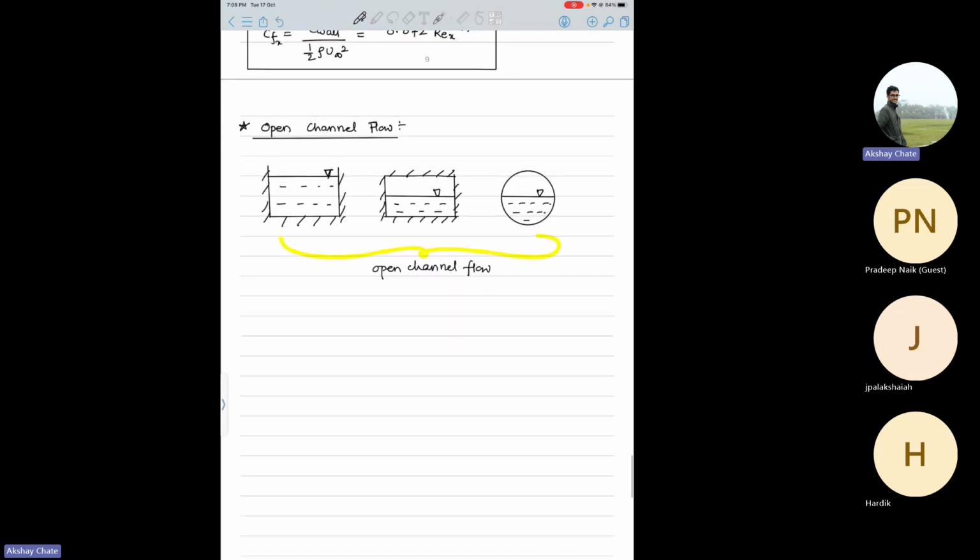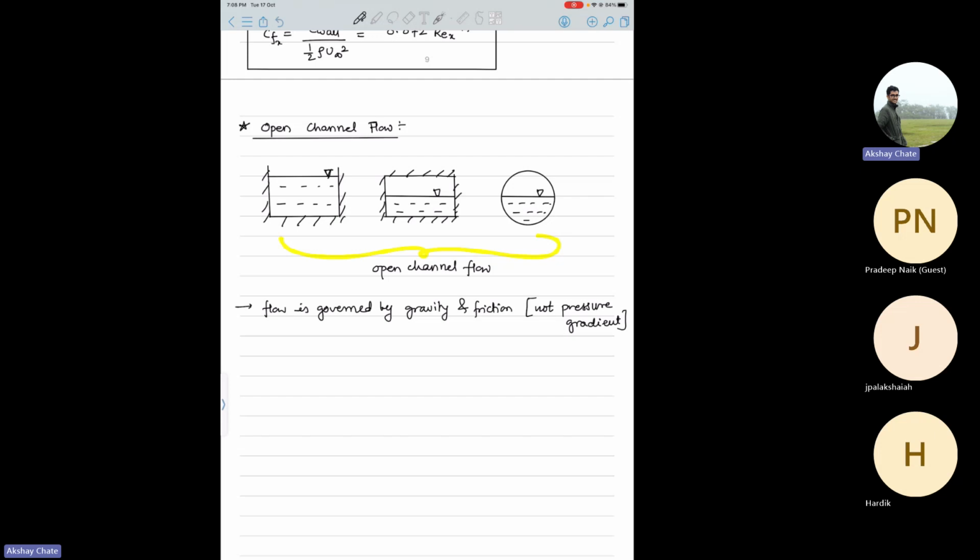So here the important difference is that flow is governed by gravity and friction, not pressure gradient. So this is an important distinction that should be understood.